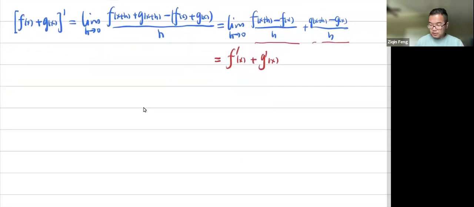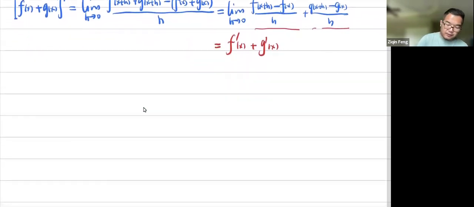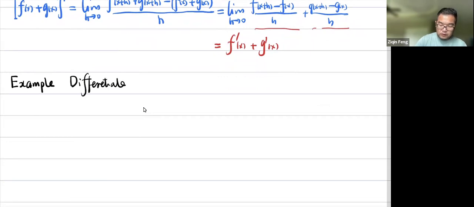Okay, now let's see a quick example here. We want to differentiate this function, y equals x cubed plus 4x to the 1 over 4 minus 2 over 2 times the fourth root of x.